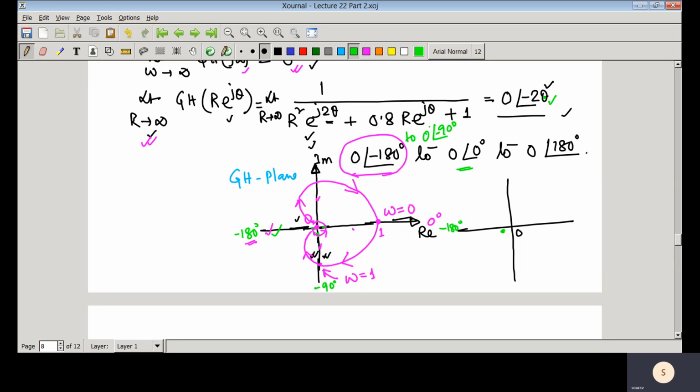So it comes very close to that minus 180 degree axis when omega tends to infinity, and then it goes like this and then like that. So this is actually the zoomed version of this particular point here, and they all are very close. So they are tending to 0. So I have just shown this to show the phase.